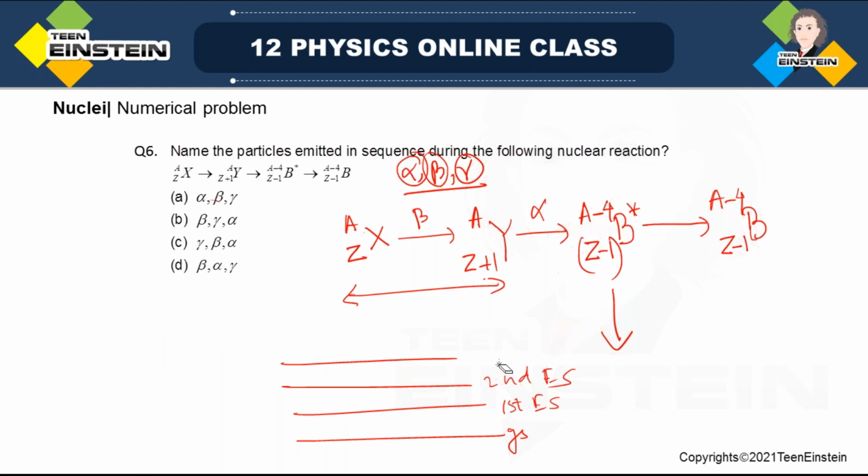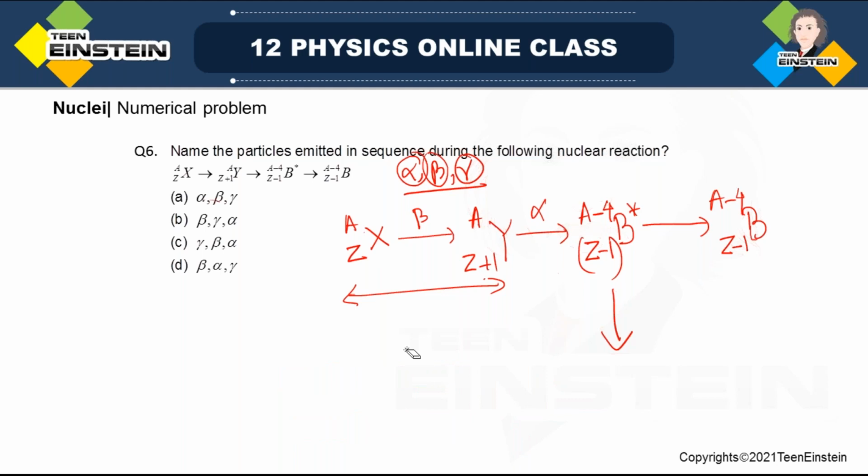That means in nucleus there are various energy levels. There is a ground state, then first excited state, second excited state, etc. So this star means the nucleus is at excited state.